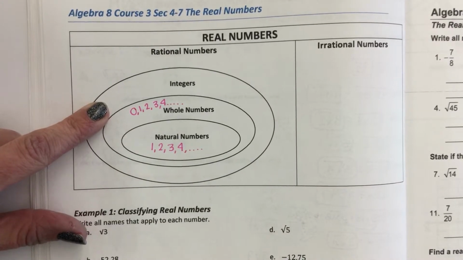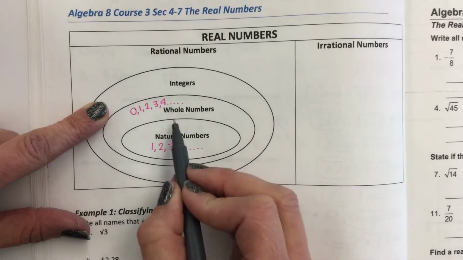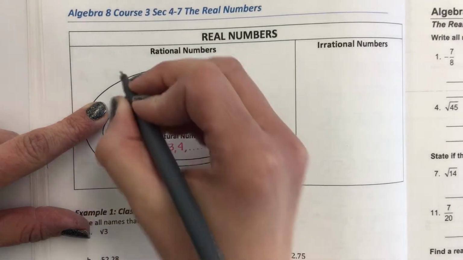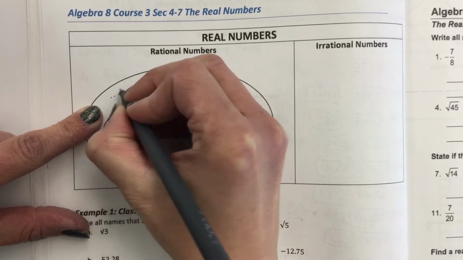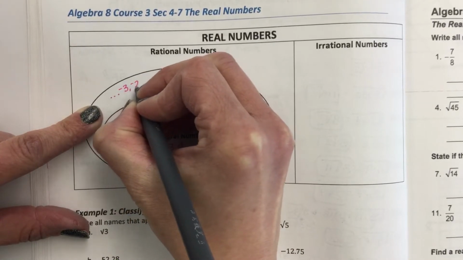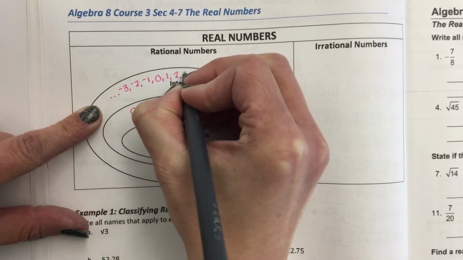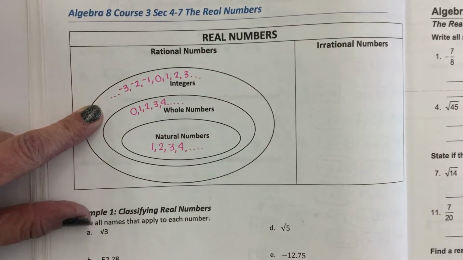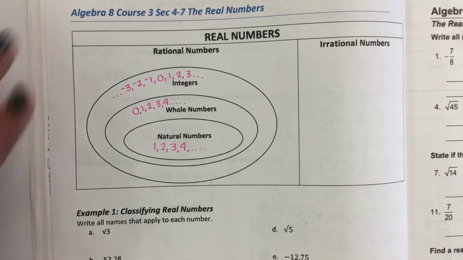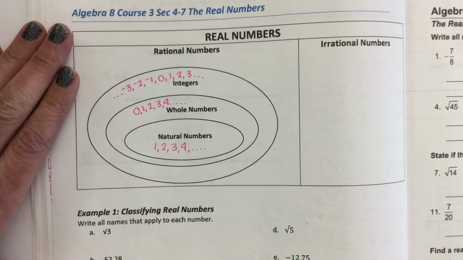The definition of an integer is whole numbers and their opposites. So this would be like -3, -2, -1, 0, 1, 2, 3, and so on. Okay, so still no fractions or decimals, but we have negatives there.